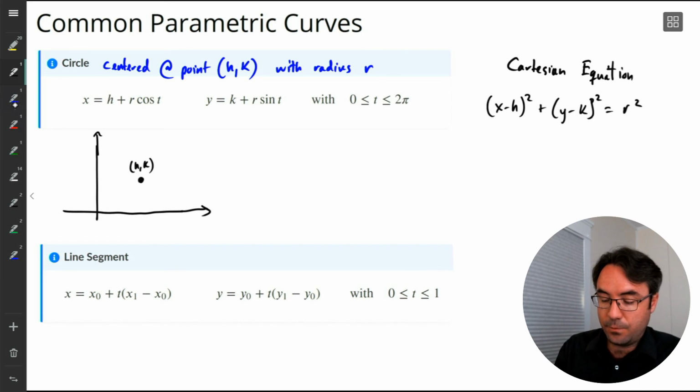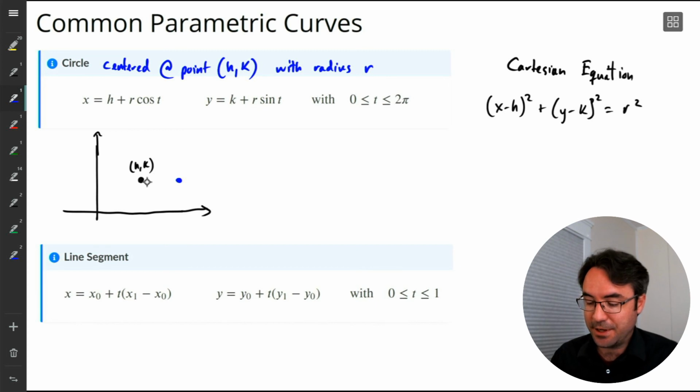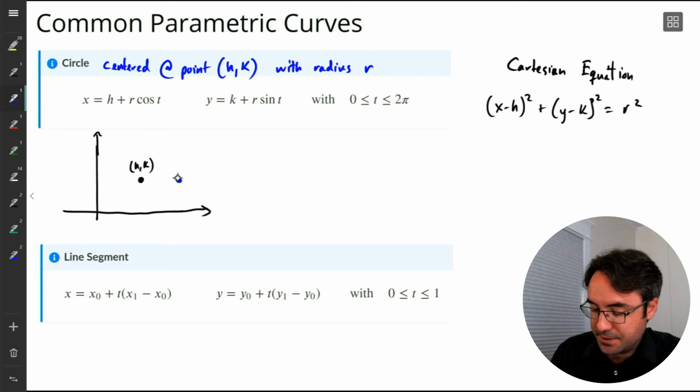And where it starts is it's going to start kind of parallel to the x-axis there. If you imagine thinking back to polar coordinates, think of this as now the origin, and we're looking at the polar axis extending out from there. And then we're just going to go counterclockwise.